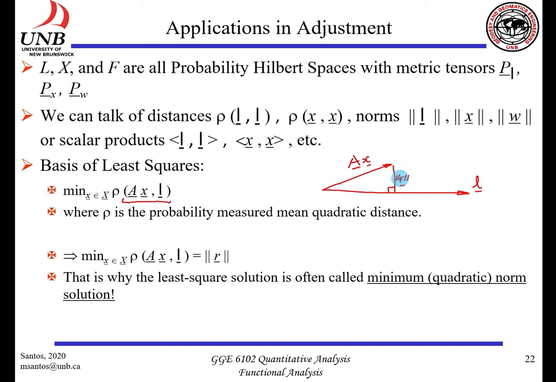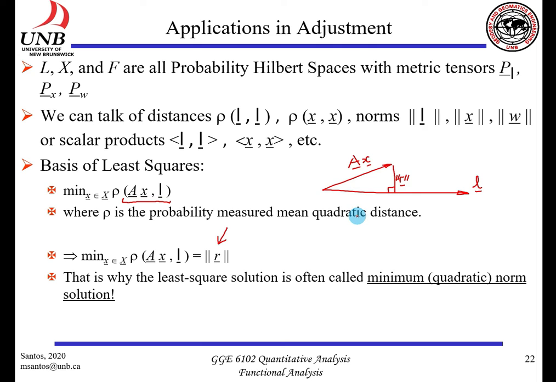We can consider that as a vector, spanning a kind of hyper surface containing L. But anyway, this is the solution for least squares that we call the minimum quadratic norm solution.